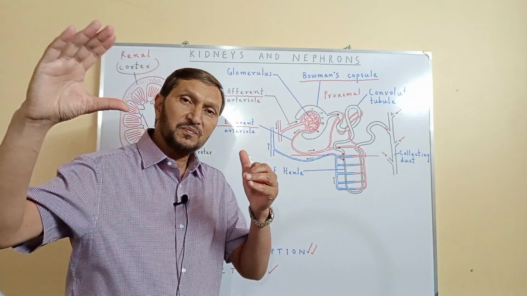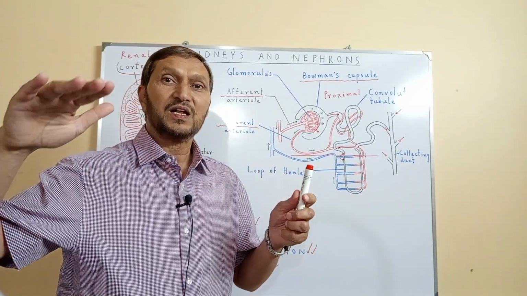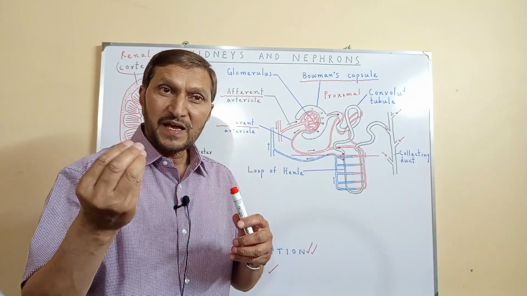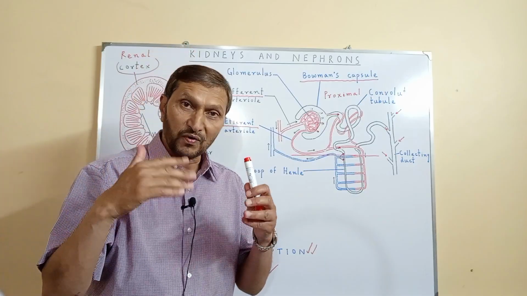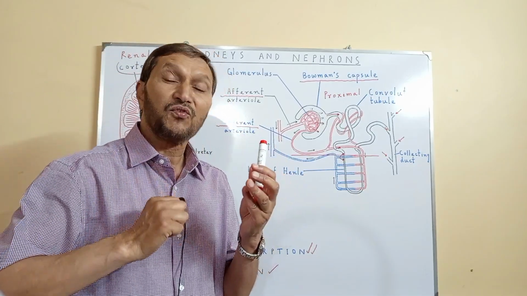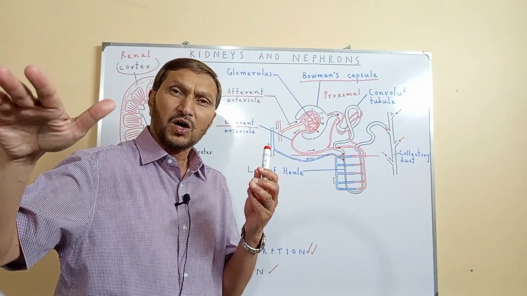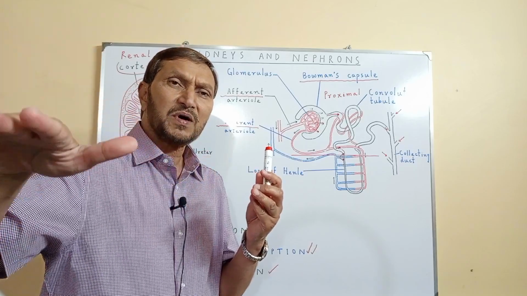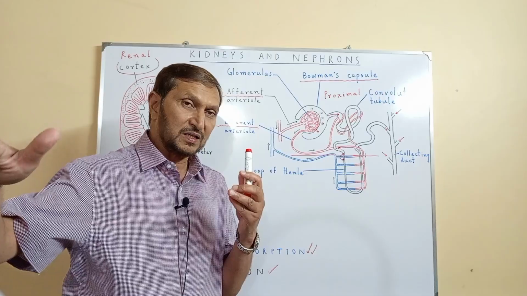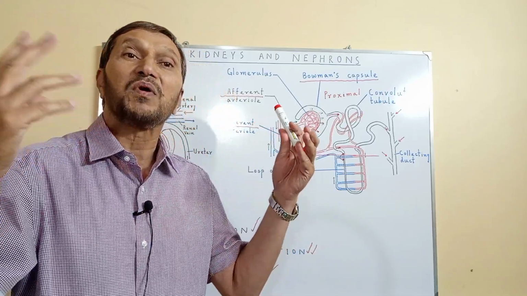Suppose you consider a water pipe in which water is flowing under high pressure, but this pipe is leaked and has small holes or small pores, so water will be coming out because of the high pressure in the form of spray through these pores and holes. You might have observed a leaked water pipe passing through a lawn or from any other point. So the water is coming out in the form of spray.